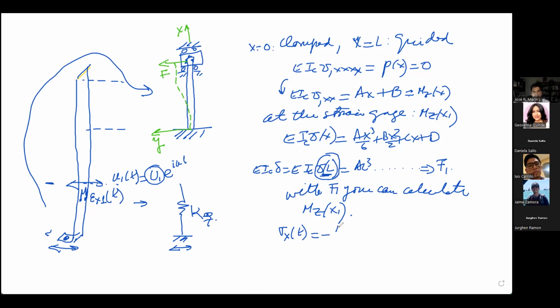It will be minus M_z y divided by I. And finally, divided by Young's modulus. So all of this is theory. This is the theoretical side.